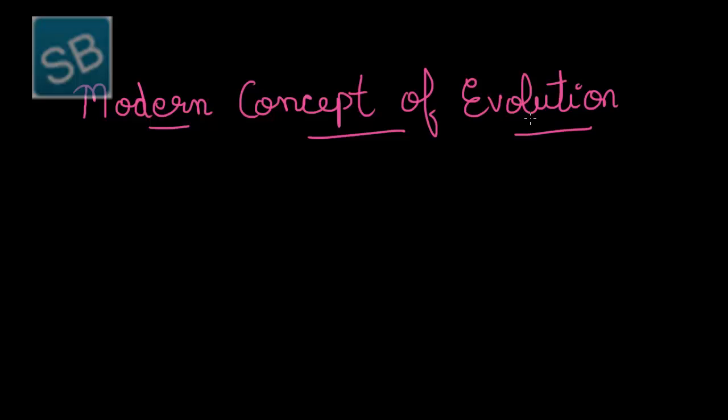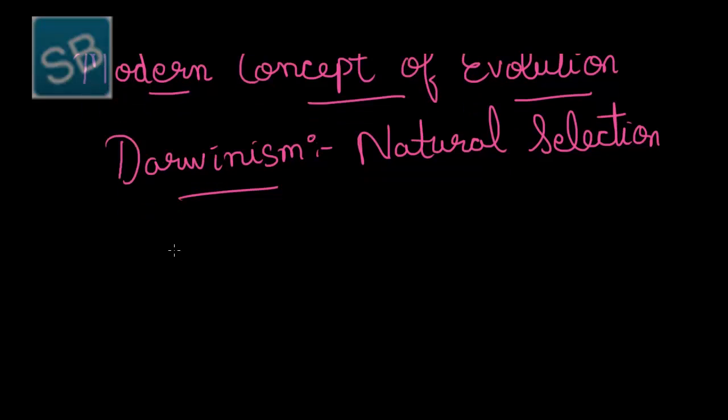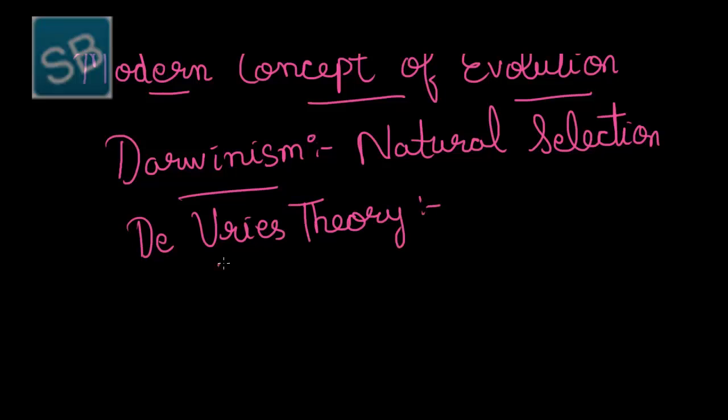As per the result of the previous theory, Darwinism explained the concept of natural selection, while de Vries theory explains the concept of mutation.